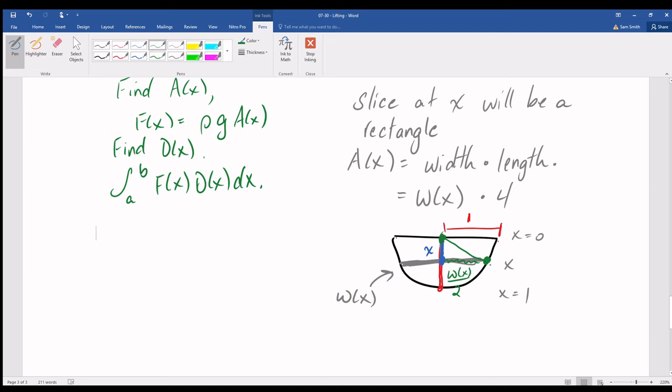We have a right triangle where the hypotenuse is a line from center to rim of the trough and has length 1.